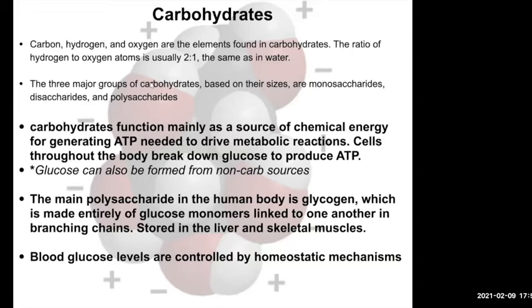For our purposes in this class, physiology, we're really interested in the fact that carbohydrates are used as a source of chemical energy, and in particular glucose, the breakdown product of the carbs that we eat. We're going to use that glucose energy stored in bonds to produce ATP. So that's our main interest in carbs.